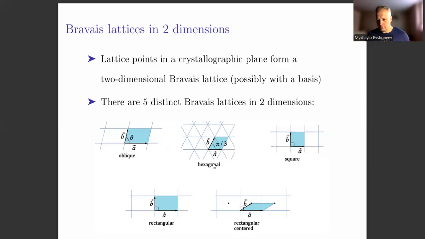If the two translation vectors are the same in length and the angle between them is either 60 degrees or, not 180, 120 degrees, then this gives us the hexagonal lattice.